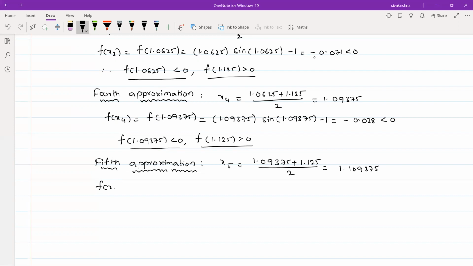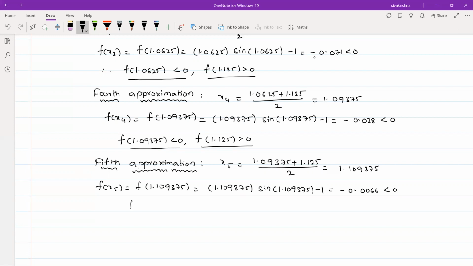After getting x5, we have to calculate f of x5, that is f of 1.109375. We substitute this value in the given equation, so we get 1.109375 into sine of 1.109375 minus 1. On simplification, we get minus 0.0066, which is a negative value.